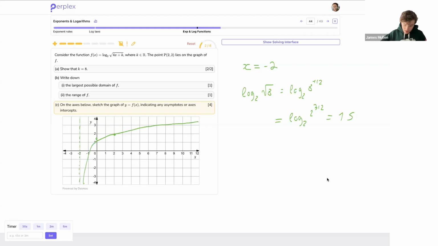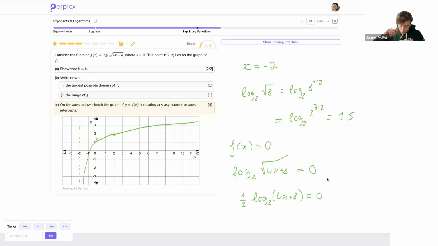And the question is, where is the x-intercept going to be? Well, the x-intercept is when f of x is equal to 0. That means that log base 2 of root of 4x plus 8 is equal to 0. I'm going to take the square root outside and do 1/2 log base 2 of 4x plus 8 is equal to 0.